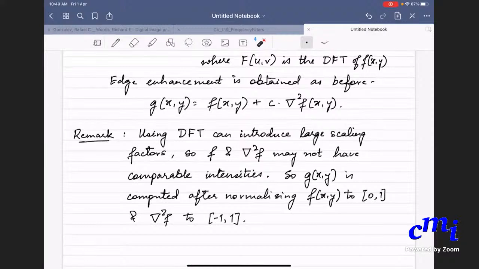There's one small remark about using this frequency domain transformation for the Laplacian. It is observed that using DFT introduces some large scaling factors.